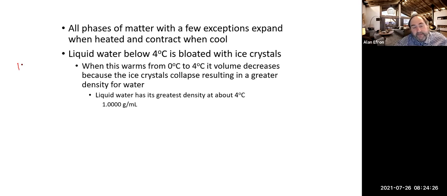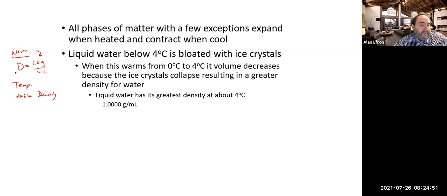That typically is the density that we use for water. If you're ever asked, what is the density of water, 1 gram per mil is typically the one that you use. But you should be cautious that, if this is a specific temperature you're dealing with, you may need to go to a table to find the density, because it does change with temperature.